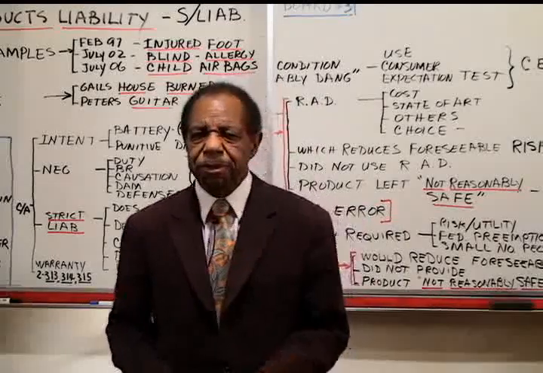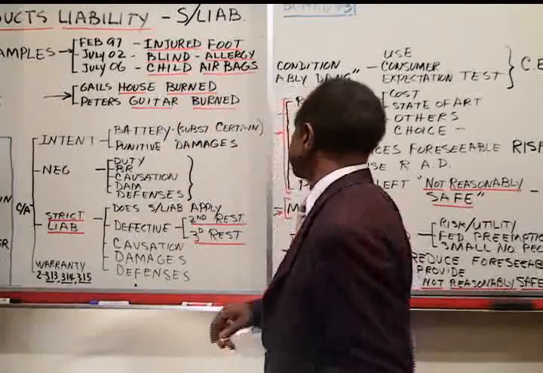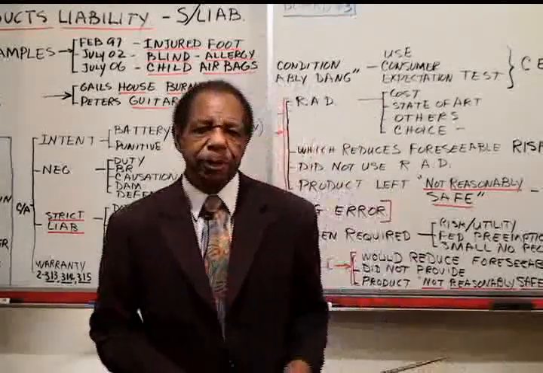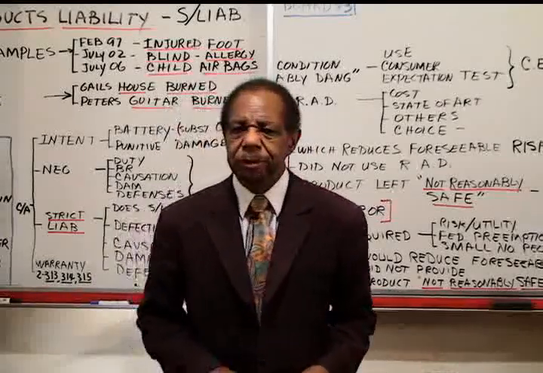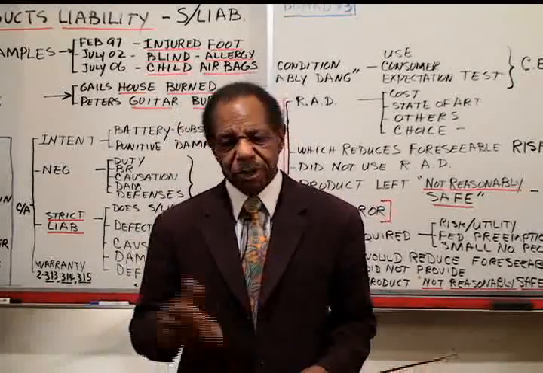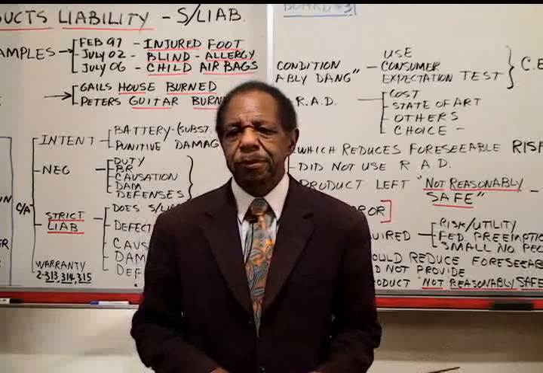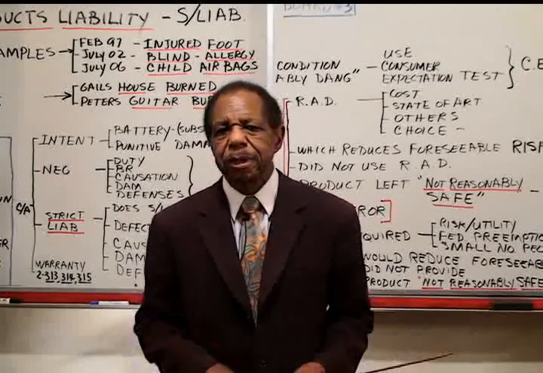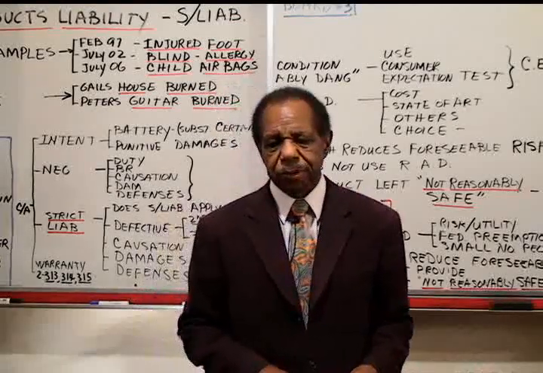The three problems that you need to read are the problems from the February 1997 torts question, same ones we had before, the July 2002 torts question, and the February 2006 torts question.